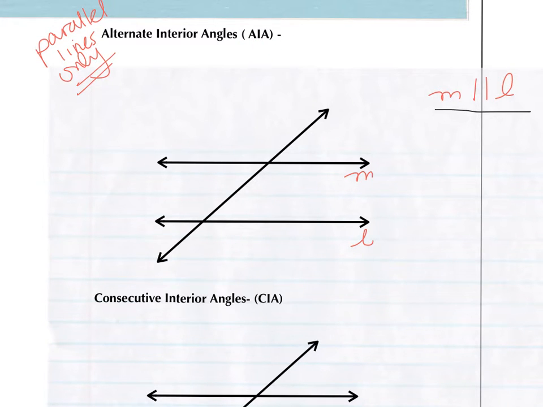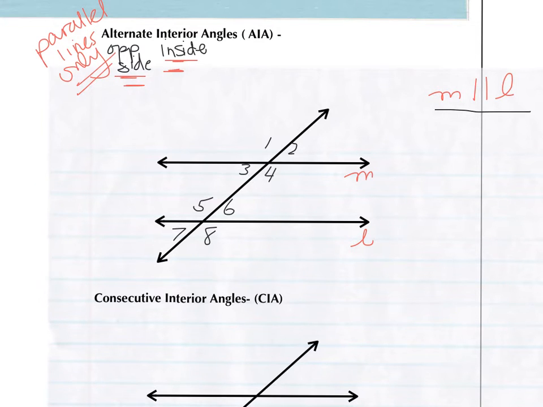Alternate meaning opposite sides of the transversal. So if we look at our transversal, we're looking for angles that are on opposite sides, okay? Angle 1 is on the opposite side as 4. Angles like 5 and 8 are on opposite sides. But we're also looking for a condition that means they're on the inside of the parallel lines, because they're interior. My code: opposite side, inside.